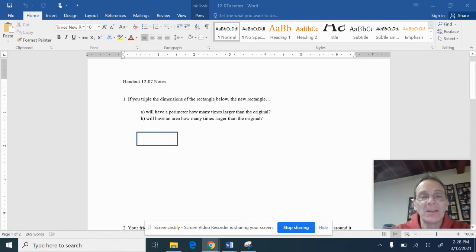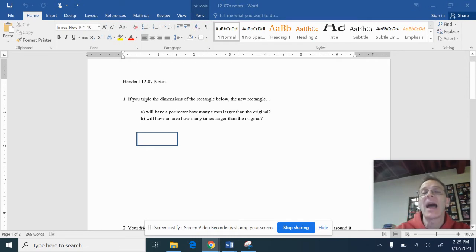Well, I didn't give any dimensions of this rectangle. So how are you going to solve this problem? Should we take a ruler to it and find the dimensions? Okay, well, notice I did not ask for the perimeter or the area of this rectangle, and I didn't ask for the perimeter or the area of the new rectangle either.